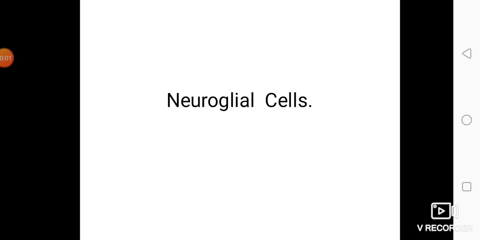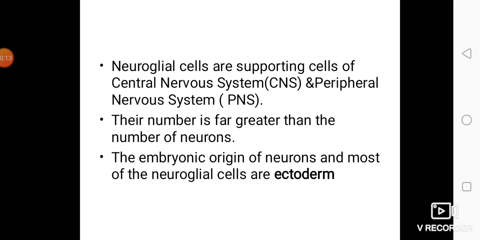Part of the lesson is neuroglial cells, also called glial cells, also called supporting cells of the central nervous system as well as the peripheral nervous system.